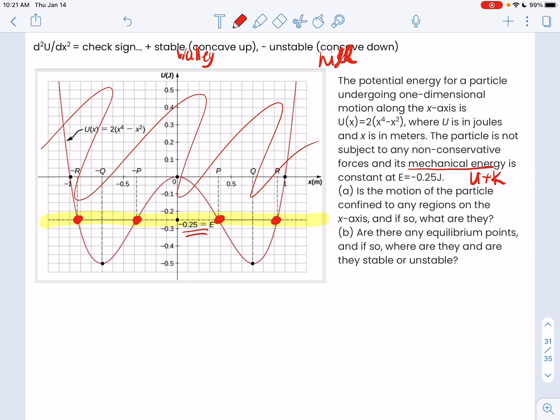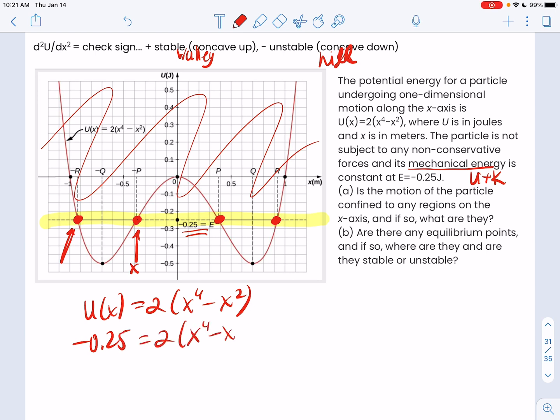If I just need to find those x values, if I know that this is my function, there's a couple different ways you can do it. I know that this is going to be 0.25, and I need to find which x values that happens at. You could just use your graphing calculator or Desmos to find those parts. Desmos was really super easy. Or if you really want to do it all out, you can use your good old math skills.